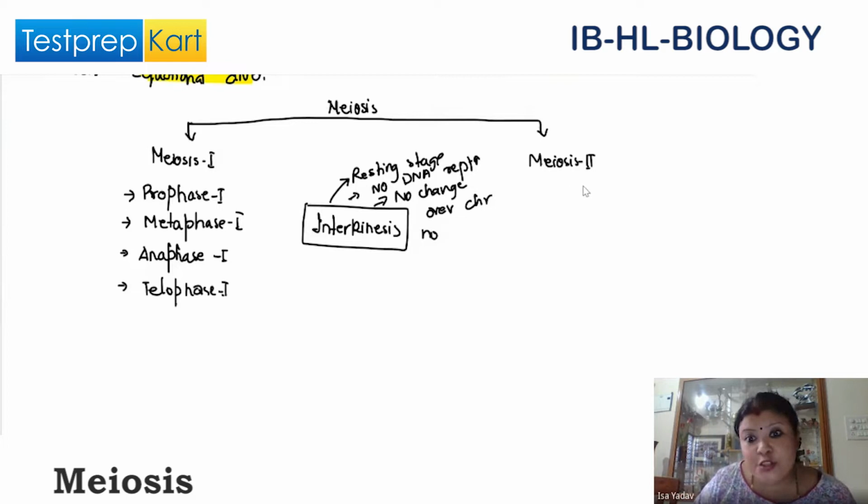Now comes meiosis 2. Meiosis 2 will have the same stages: prophase 2. Can you tell me the other stages?